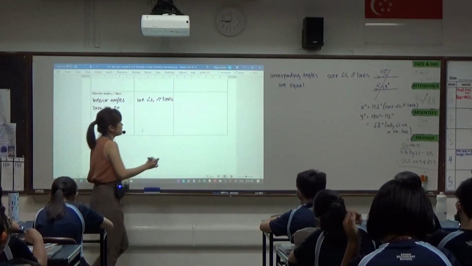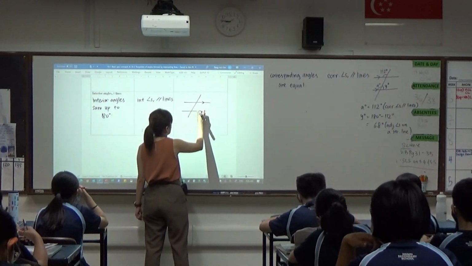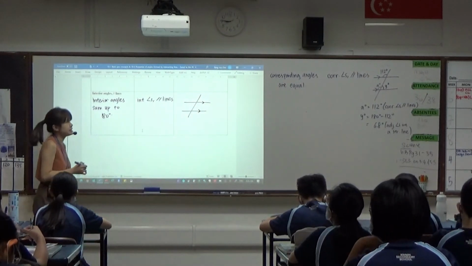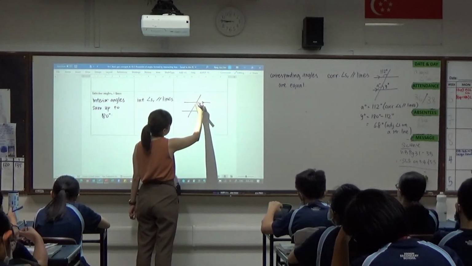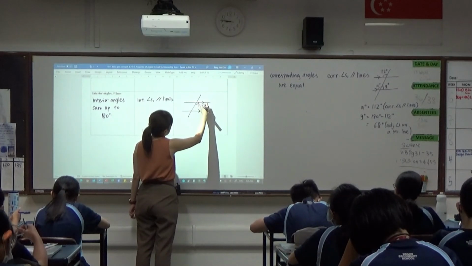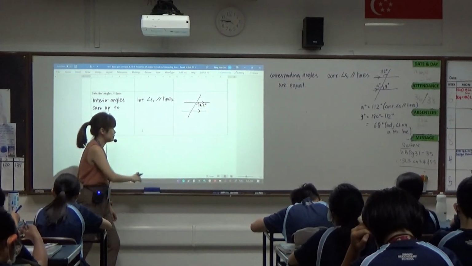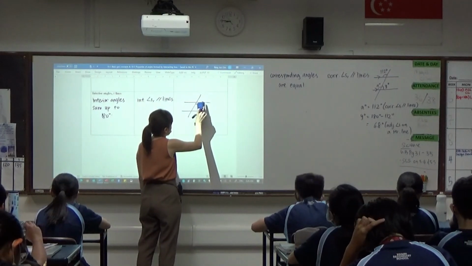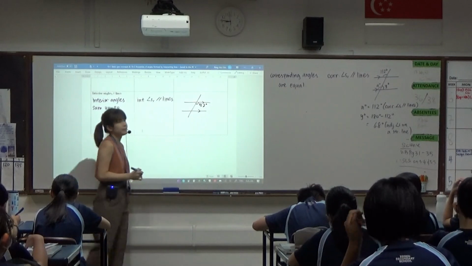So, an example, again with one pair of parallel lines. Let's say this is 132 degrees.